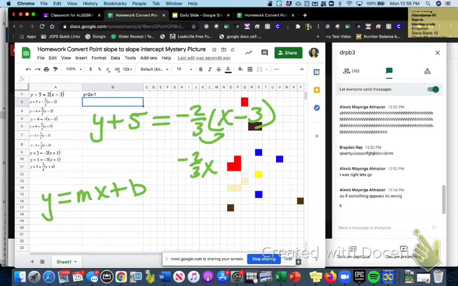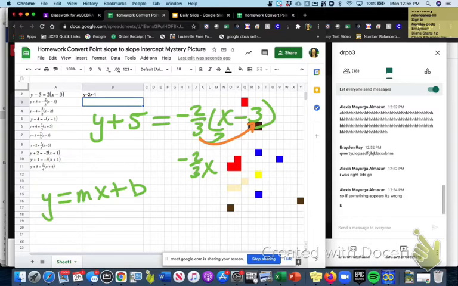But what people tend to have a problem with is when they have to do the negative 2/3 times negative 3, because a lot of us didn't necessarily get the best background in middle school math, and so fractions might be an issue for us. I wish we had time to review those, but we don't, so let me remind you how to use that calculator to help you.